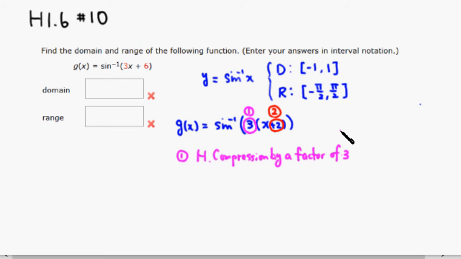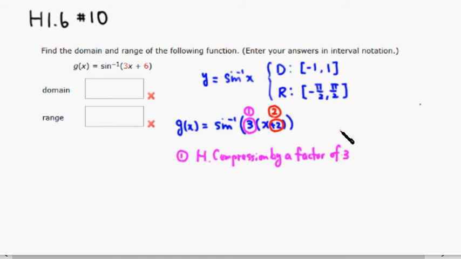Since this is only a horizontal change, it's going to affect only the domain, because the x direction is the horizontal direction. If you compress the picture, the domain is going to get compressed as well.